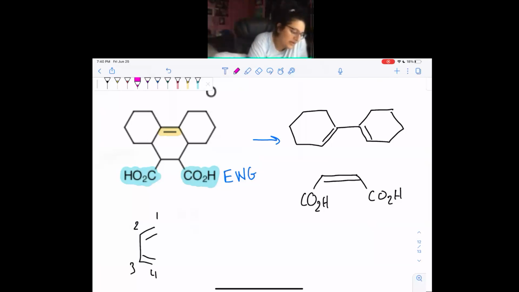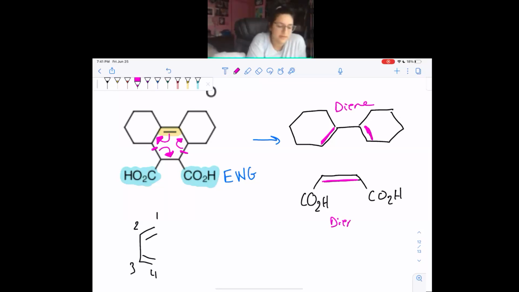So I'm going to start here, and I'm going to give these electrons back here, which means this bond breaks, and those electrons go here, which means this bond breaks, and these electrons go here. So we end up with a double bond here, a double bond here, and a double bond here. This is our diene, and this is our dienophile.